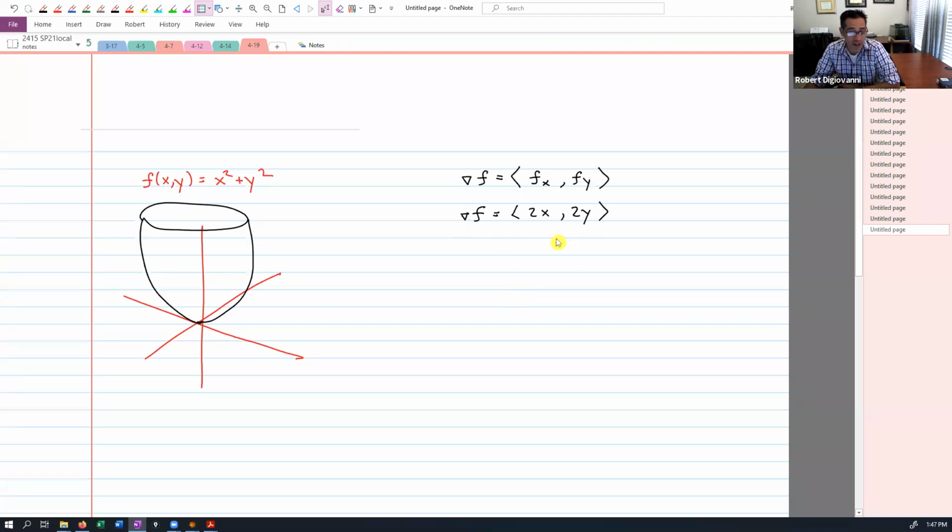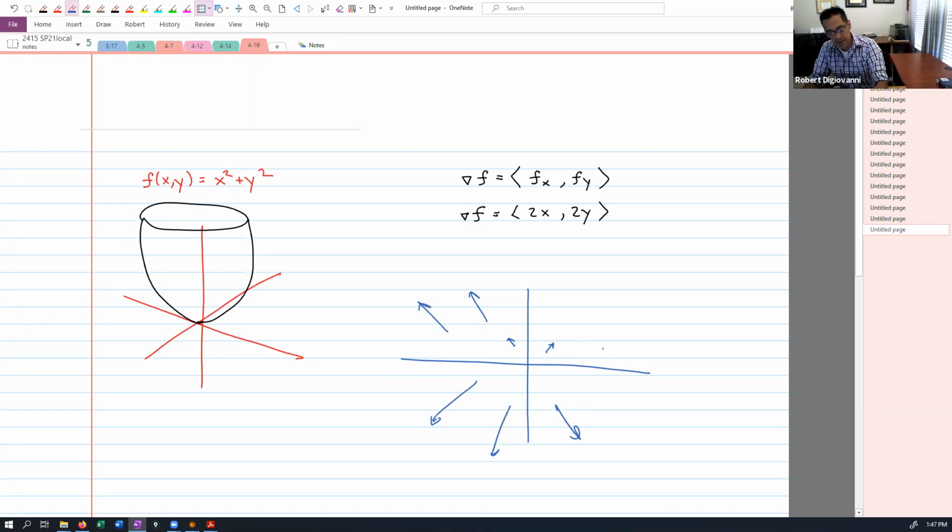What this represents in 2-dimensional space is some vector field. Right now, in this case, it's probably going to look like this. It's going to go away from the center like that.